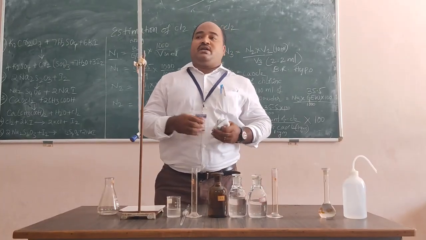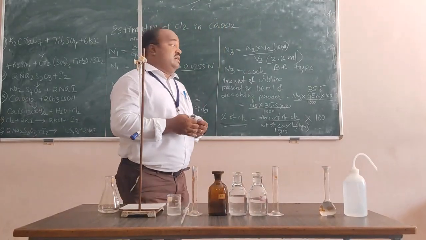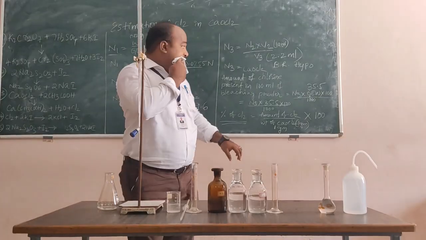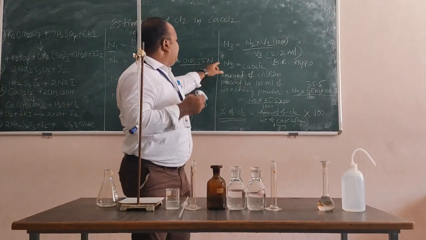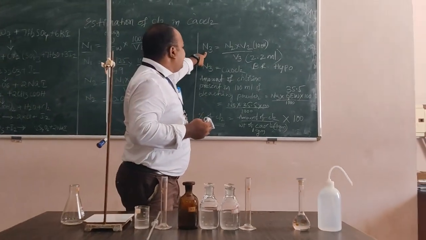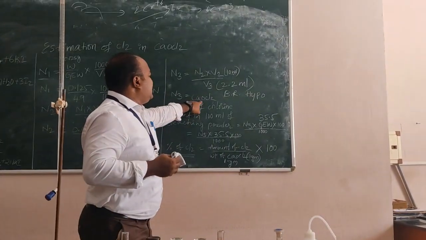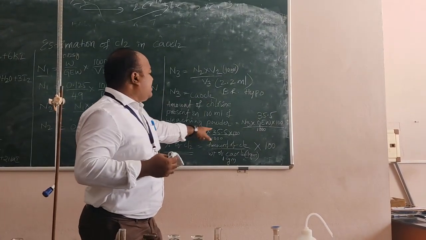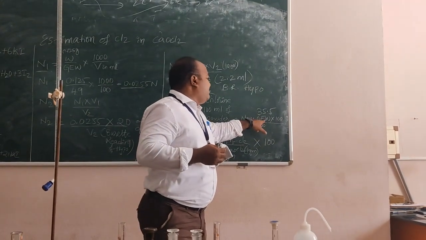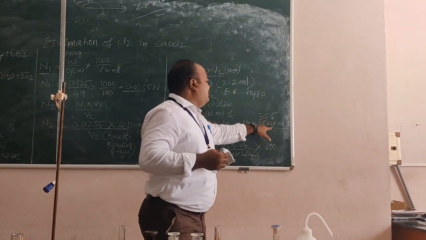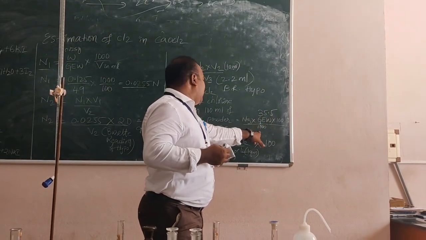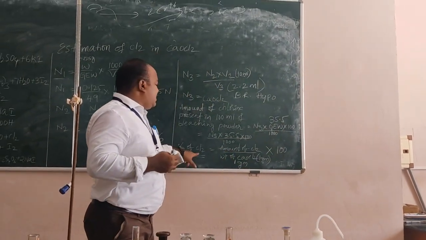After that we can find the normality of the solution, and then we need to find the percentage. Here it is written: the normality of active chlorine that we are going to find present in bleaching powder. The formula is normality into gram equivalent weight, which is 35.5, into 100 by 1000. Then we need to find the percentage of chlorine.